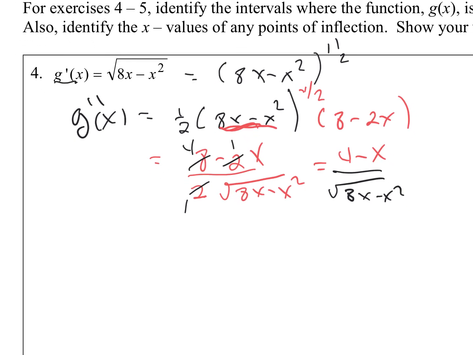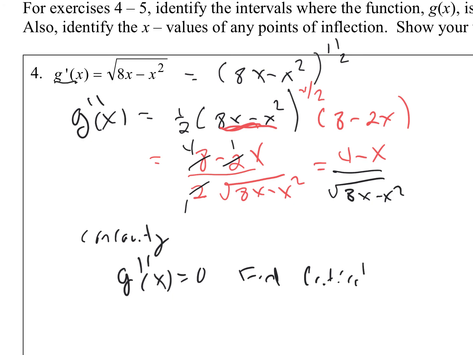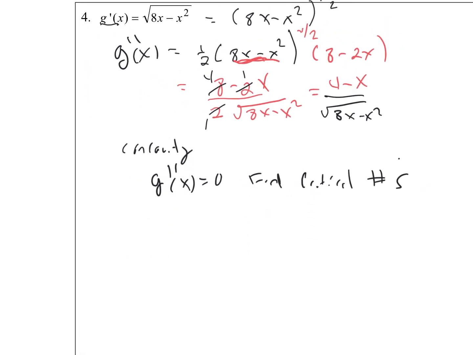So what do I do to find concavity? Well, you check concavity by setting g double prime of x equal to 0 and finding critical numbers. Okay, so here goes.